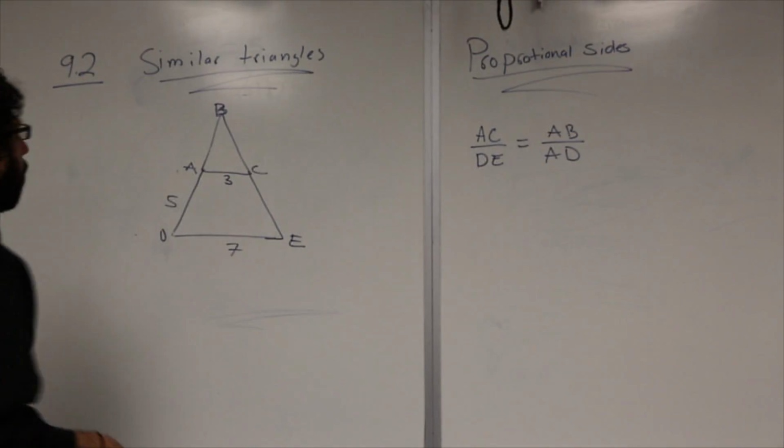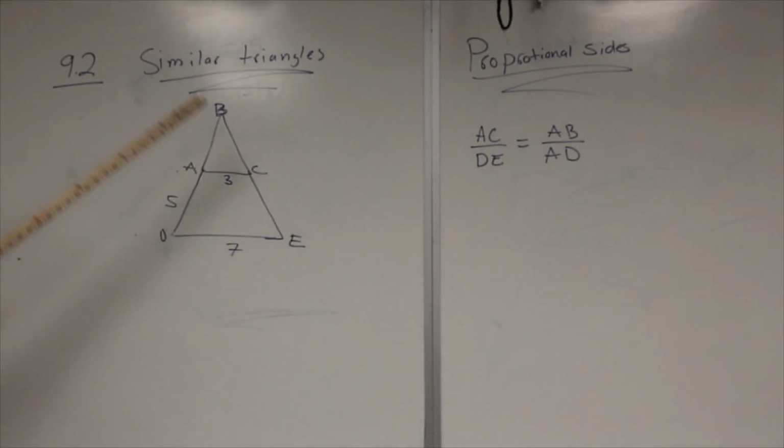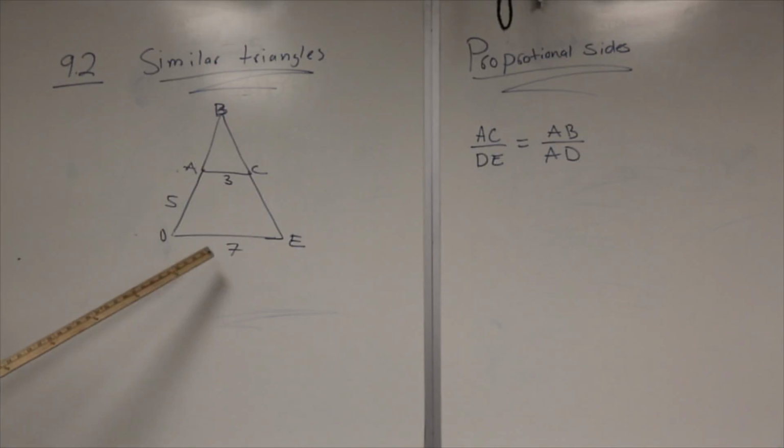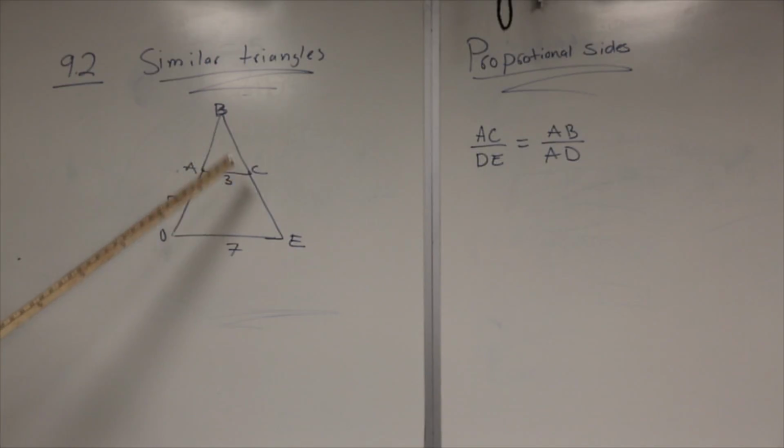Let's go. Alright. Similar triangles is what we're learning. Similar triangles. What does that mean exactly? Well, a similar triangle is exactly what we were talking about, dilations in 9.1. There's 2 different triangles, but they're exactly the same shape. Not size, but shape. So here we have 2 triangles that are exactly the same shape, but not size.